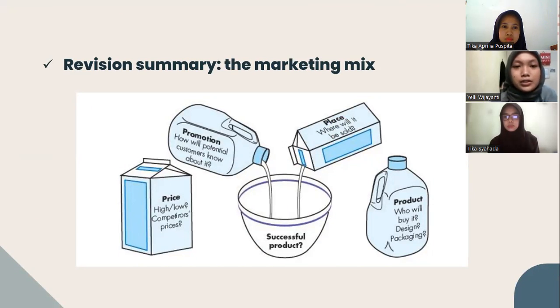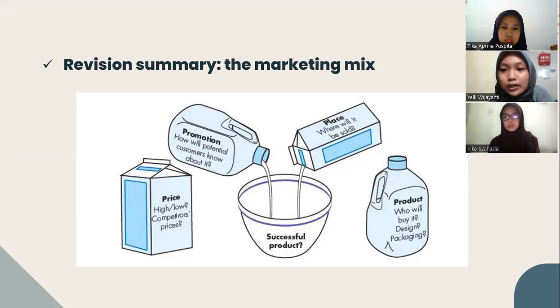Here is the revision summary of the marketing mix: how to be a successful product. Here, we have price, that is high or low, and competitors' price. And then we have promotion: how will potential customers know about it? And then place: where will it be sold?